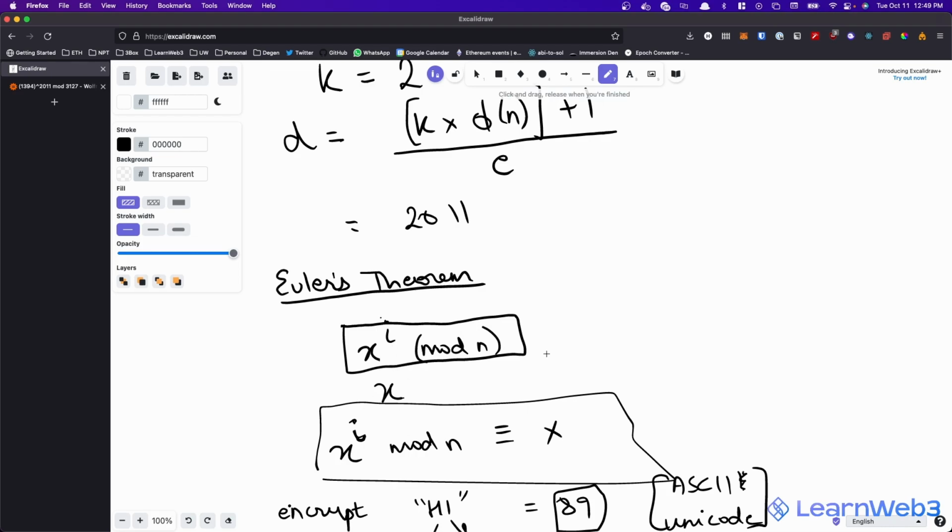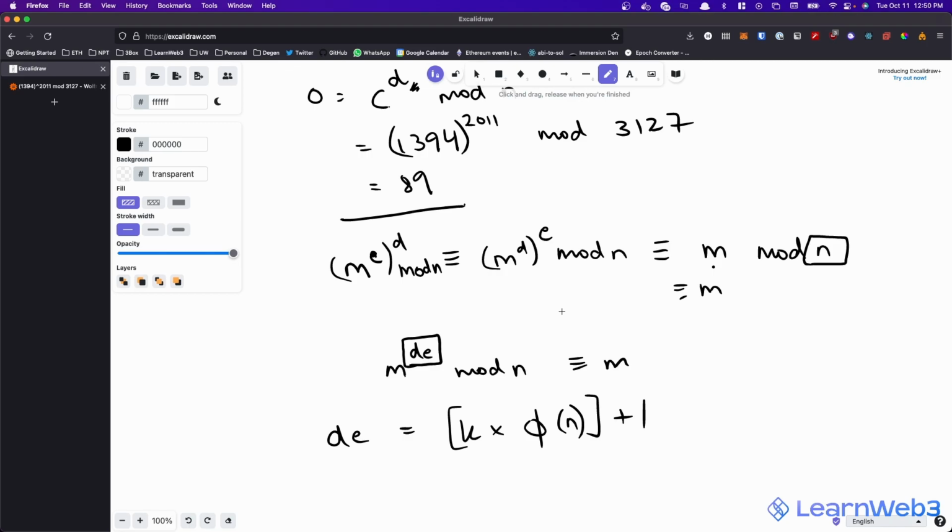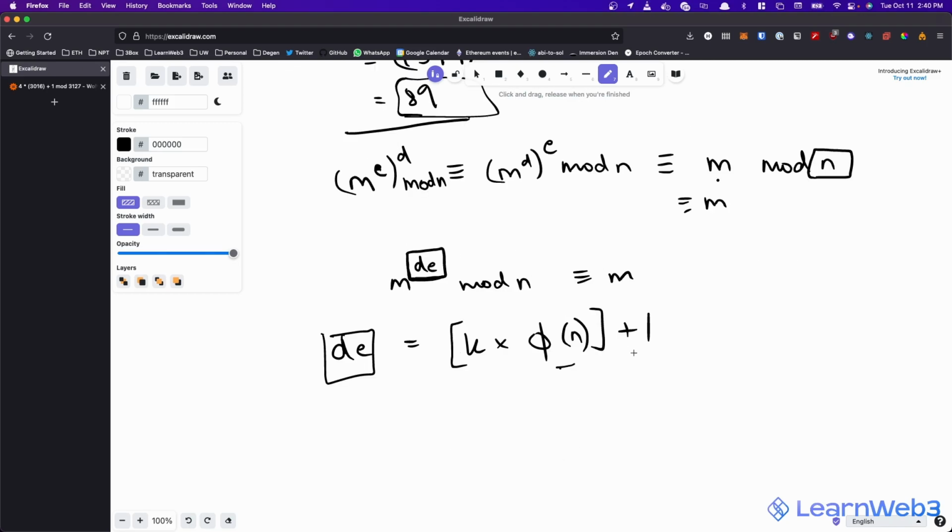So for some value x to the power i mod n, this will be equal to x itself when i is equal to a times phi n plus 1. And we have phi n, we have 1, and we have the k.